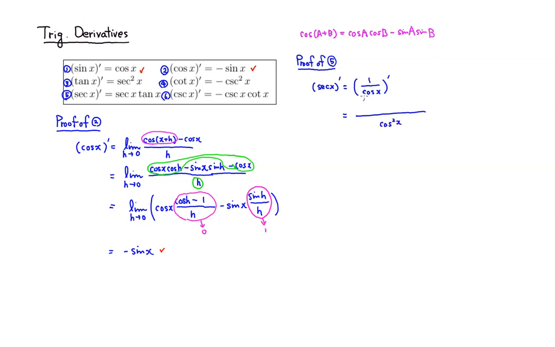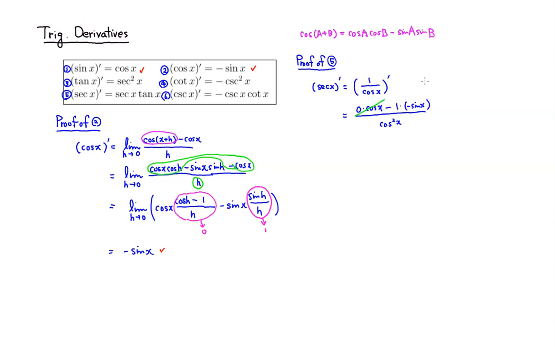The derivative of the top is 0 times the bottom, cosine of x, which is going to be 0 anyway, minus the top, which is 1, times the derivative of cosine, which is negative sine. We just proved it. So I'll put negative sine of x. You can see that the first term just goes away because it's multiplied by 0.